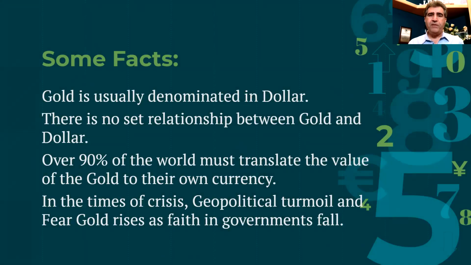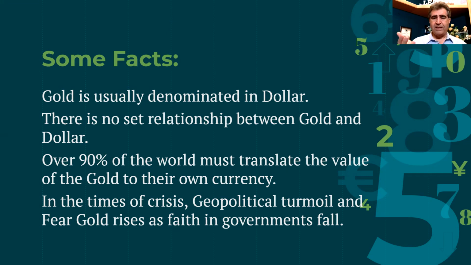Now, let me give you some facts about gold, so hopefully it helps you understand a little more about where it comes from. Number one, gold is usually denominated in dollars, and we will discuss why. And this is an interesting fact: there is no really set relationship between gold and dollar, although most of the time when the dollar is down, gold is up as a commodity.